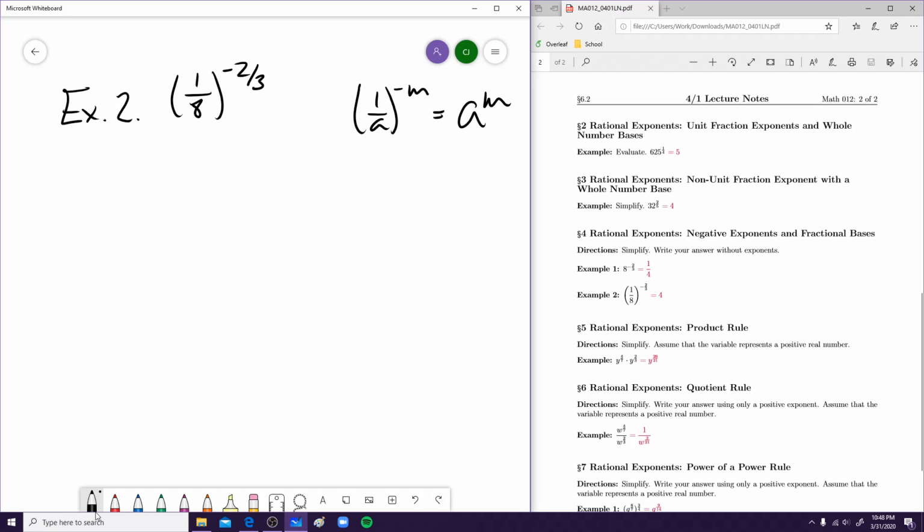So 1 over 8 to the negative 2/3 is equal to 8 to the 2/3. And from example 1, we know 8 to the 2/3 is 4. That's our answer.